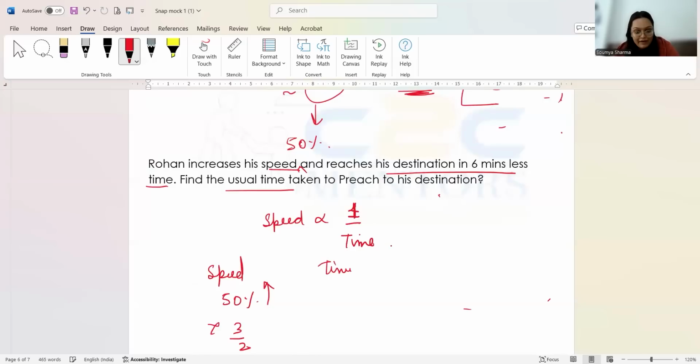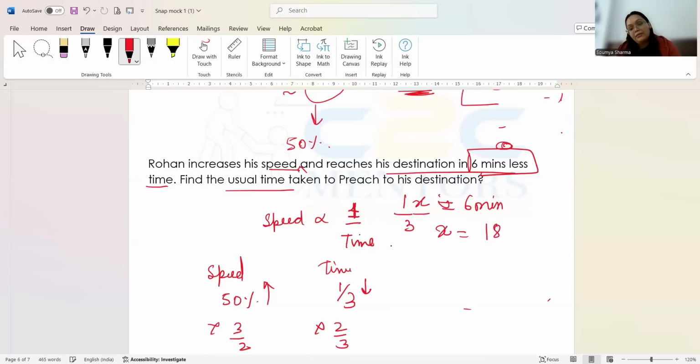So time will be multiplied by 2 by 3, means 1 by 3 ka decrease. So whatever my x time was, after decreasing it by 1 by 3, the value will come out to be 6 minutes, because this is the 6 minutes less. This is the decrease part which we are talking about. So my initial timing was 18 minutes.